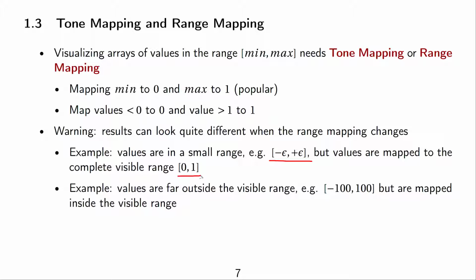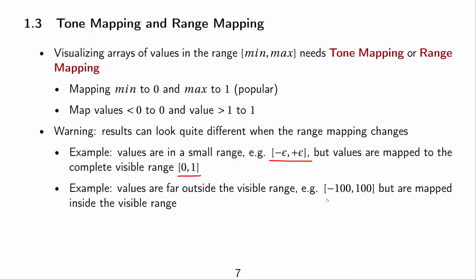Then even very small differences will be largely amplified because the complete visible range is used, and in reality, maybe all these values are just random noise, and all of the values are really very insignificant. But by mapping to the complete visible range, you would think that all the values are used, and maybe the variability between the values is really large.